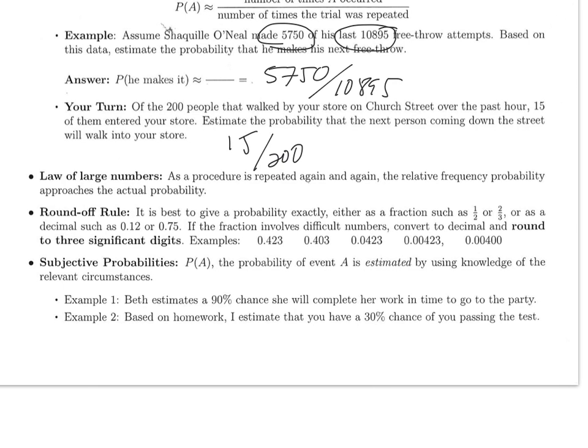Oh, and subjective probabilities are basically based on your feelings. So what's the probability that you're going to pass this course? Well, some of you might feel it's kind of low, some of you might feel it's kind of high, and the reality is probably somewhere in between. Okay, so that's subjective.